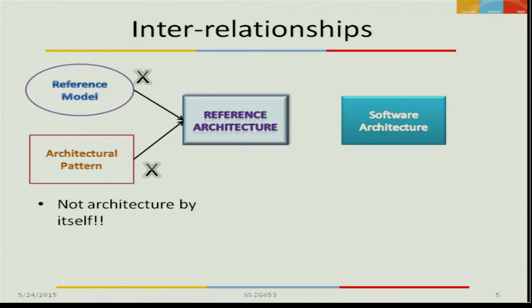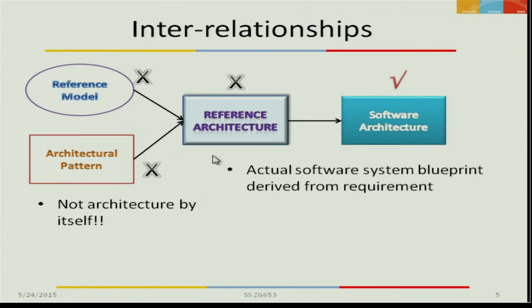But if Airtel or Vodafone or any other company uses this reference architecture and builds their own platform, then it becomes a software architecture. So in a sense, software architecture is an instance of reference architecture. The actual software system blueprint that is derived from the requirement is the software architecture.